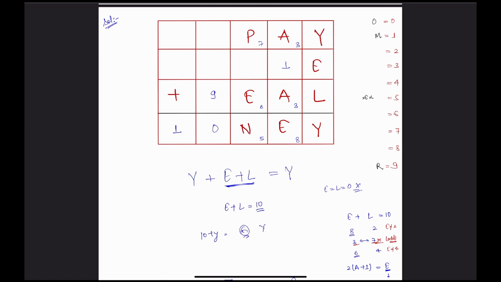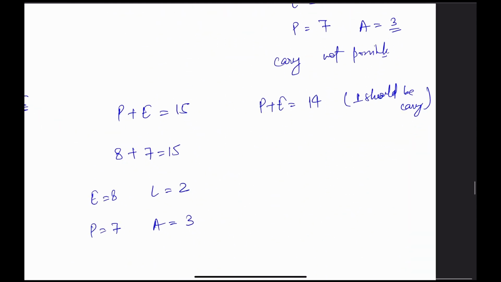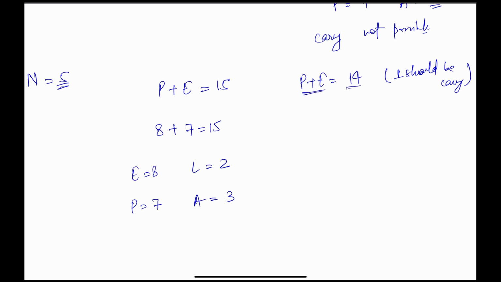But we cannot depend only upon these two values, 8 and 2, because there is also this possibility, we cannot just foresee. So for this to happen, 8 plus 6 is 14, what else can I take, 7 plus 7 is not possible, so only 8 plus 6 is possible.